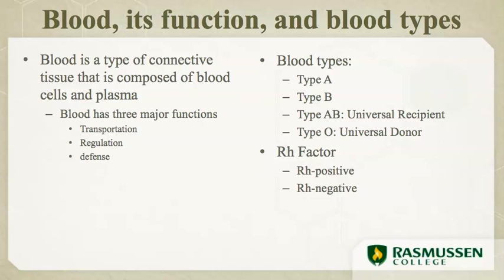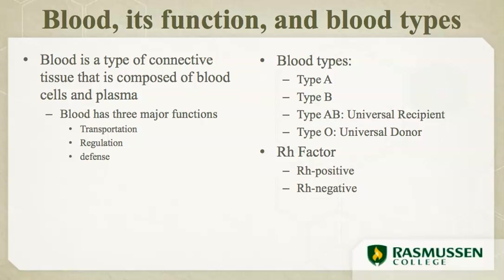The ABO blood group system identifies 4 blood types: type A, type B, type AB, and type O. Type AB is considered the universal recipient because they can receive all blood types of the ABO blood type. But type O is considered the universal donor because their blood can be administered to most people regardless of the recipient's blood type.